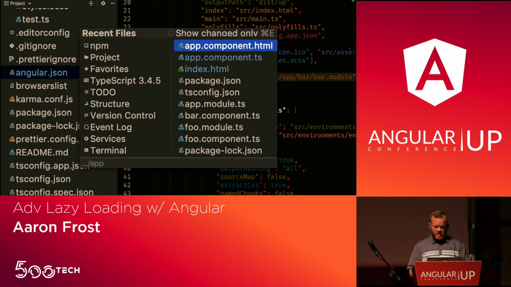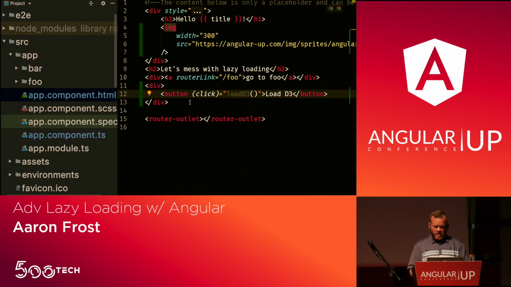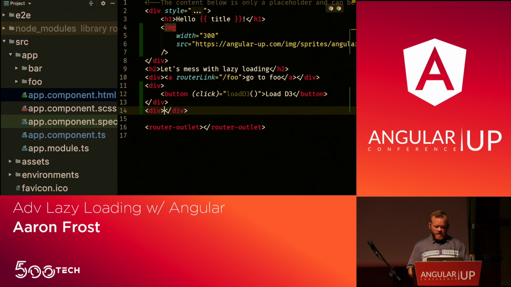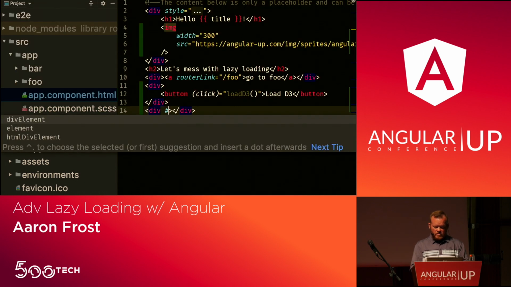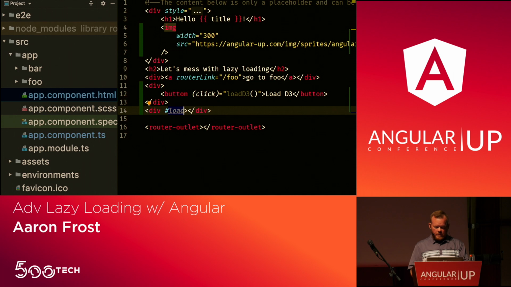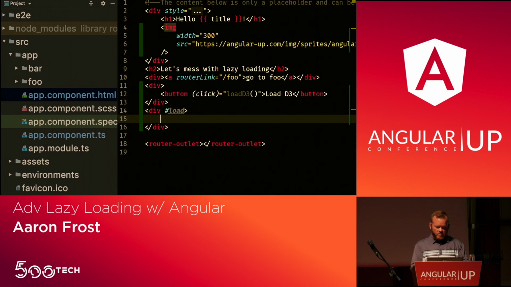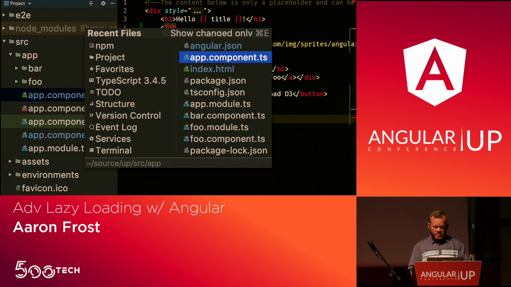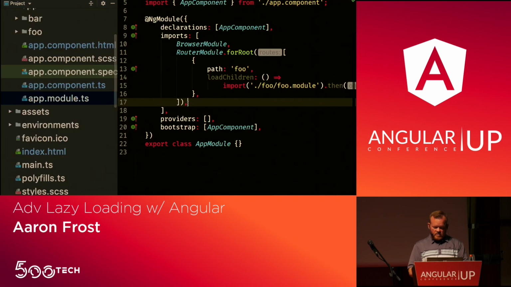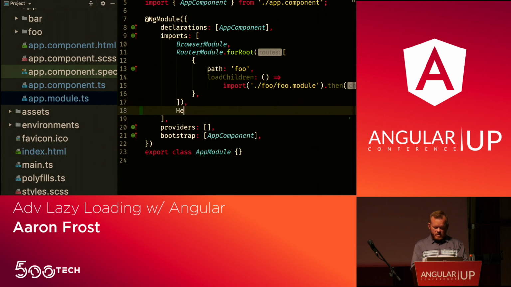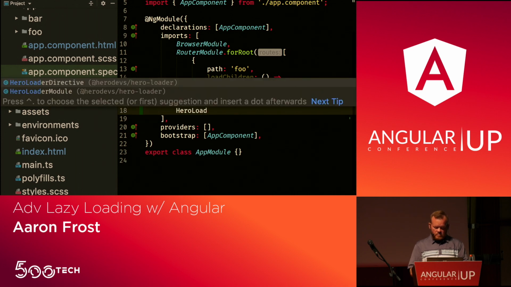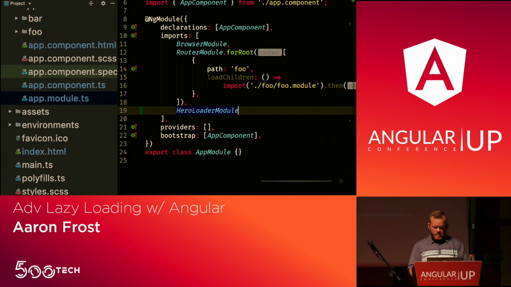So let's open up the component HTML, and we'll add another div. Because I don't want to create a new variable in my component, I'm just going to keep it here in the DOM. So we'll add the hero loader, which is going to bark at us because we didn't bring it into our app module. So once you install it, you just come to your app module and do an import of the HeroLoaderModule.